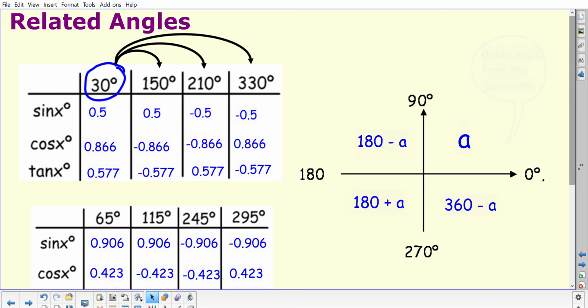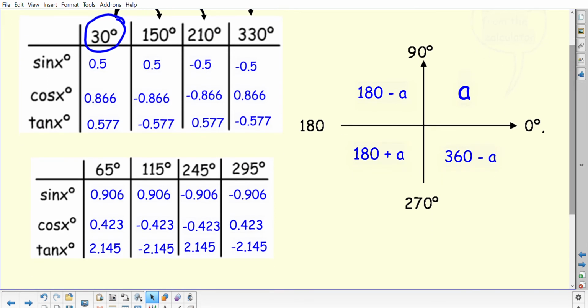Now let's check and see this next group of angles, 65, 115, 245 and 295. Does that work as well? And again, you can see they're going in pairs on each row, 2 positives, 2 negatives. And if you look at the connections, if we use that as our A angle to get the 115, if I do 180 minus 65, that is 115.